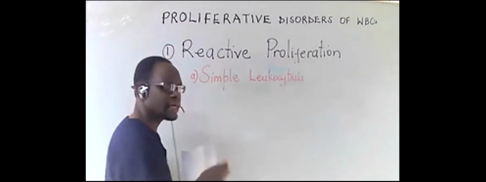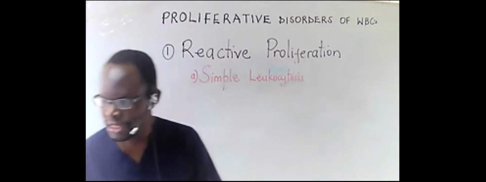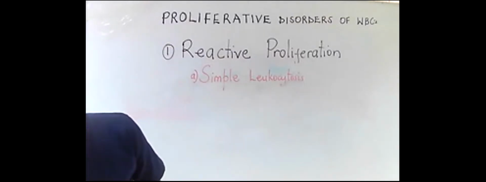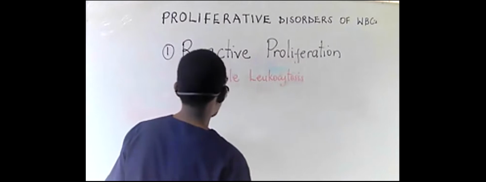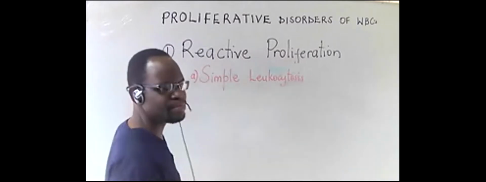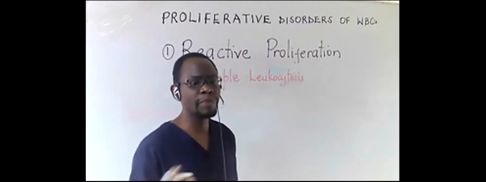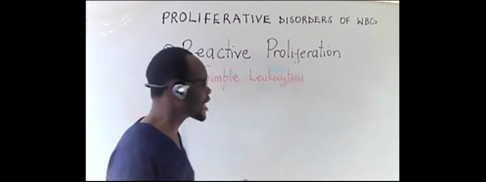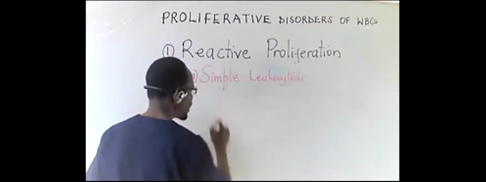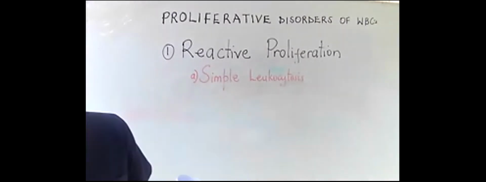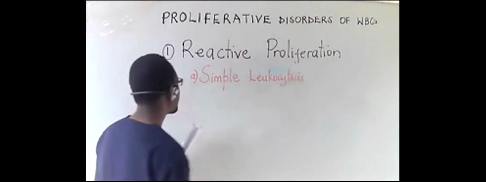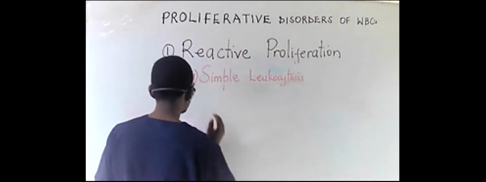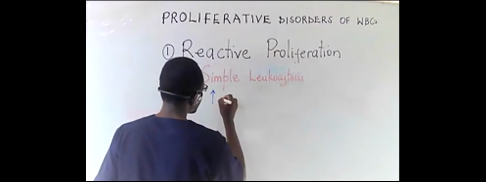So here, in a simple leukocytosis, the white blood cells do not increase so much in number. They basically increase slightly from the normal range.